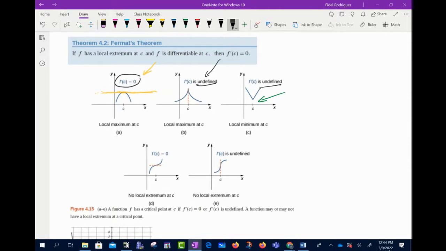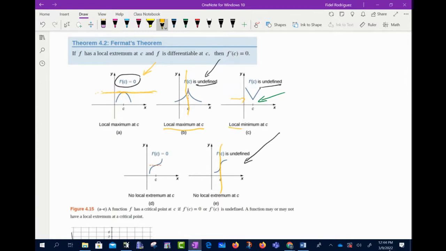The other thing here: if my derivative at a point is a vertical line, it is also going to be undefined. So notice these here are vertical, undefined, and if I have this kind of a sharp point, it's also undefined. Even though the derivative here was undefined, we still had a maximum because that was still the high point in my graph.